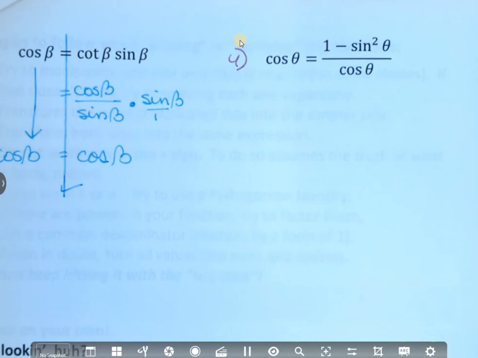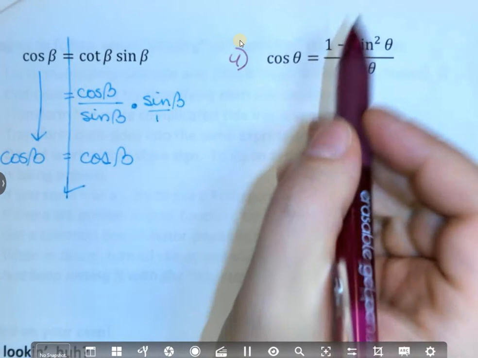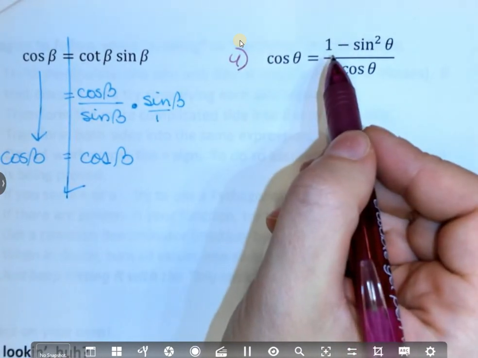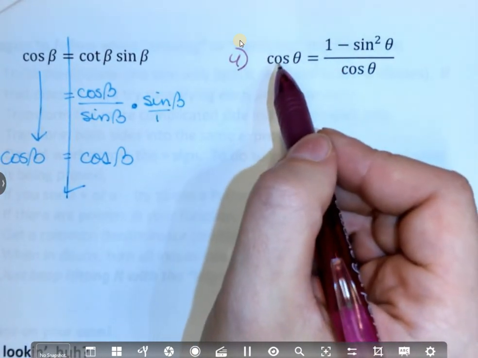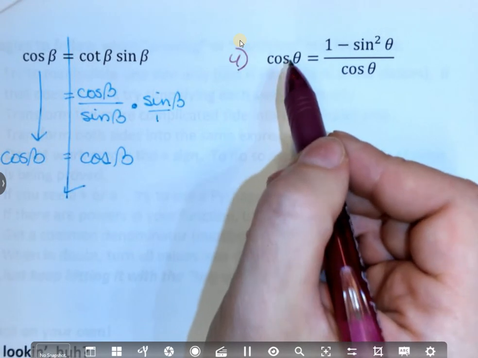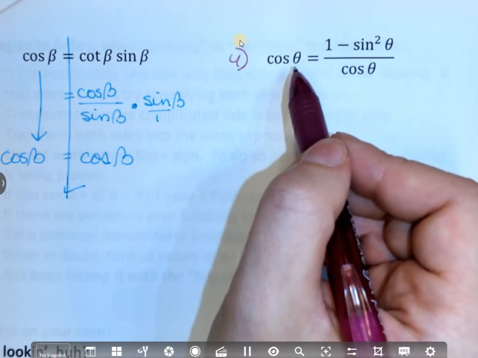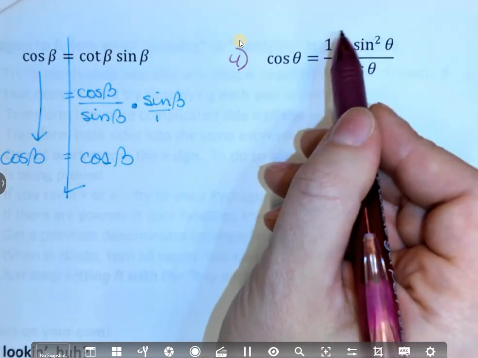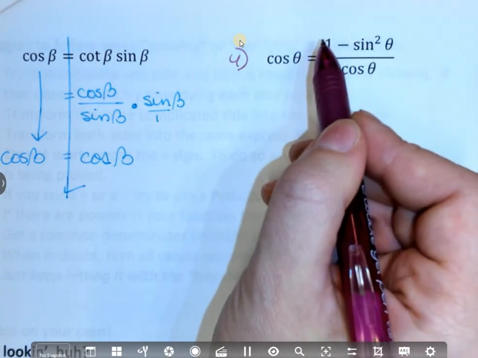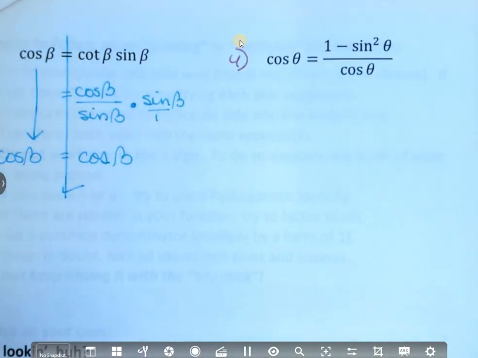We could factor this. But if you think about this, this is only in terms of cosine, this side here. Is there any way I can rewrite that in terms of cosine? Why is that cosine squared?